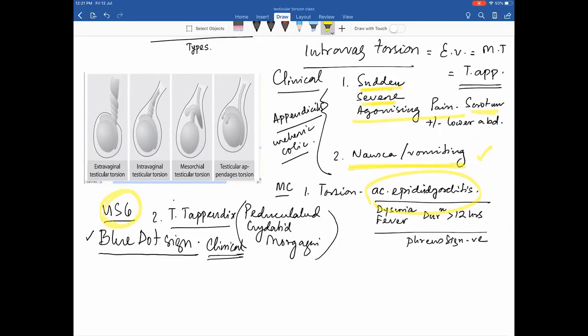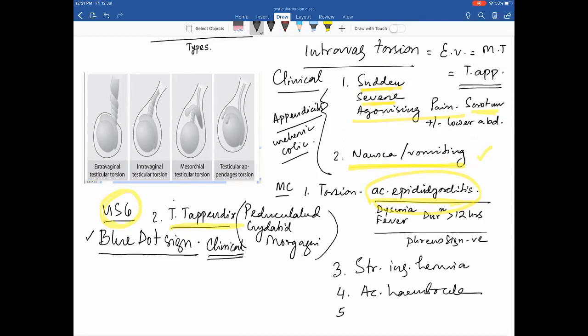We have talked about acute epididymo-orchitis and torsion of the testicular appendage. The next one, as you can imagine, is a strangulated inguinal hernia, which will have the same features. Fourth, it can be an acute hematocele of the testes.